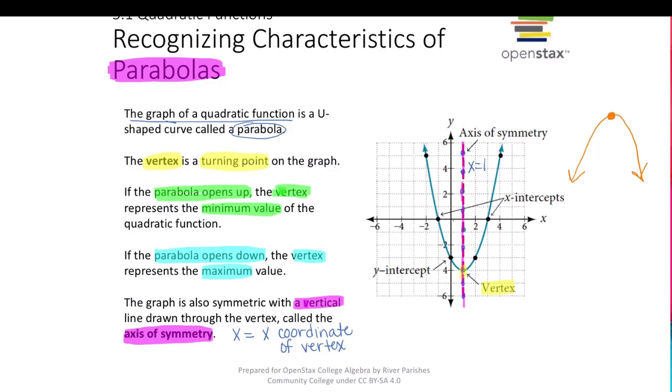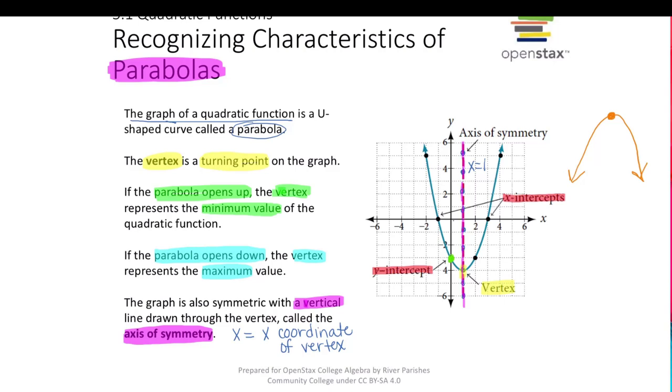Now, you'll notice that there are two other things on here that we did not discuss on the left that are labeled on the right, and that would be our y-intercept and our x-intercepts. All right, so the y-intercept is where the graph crosses the y-axis. This is something that should be reviewed.